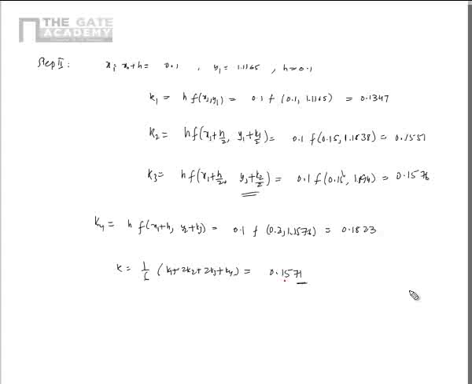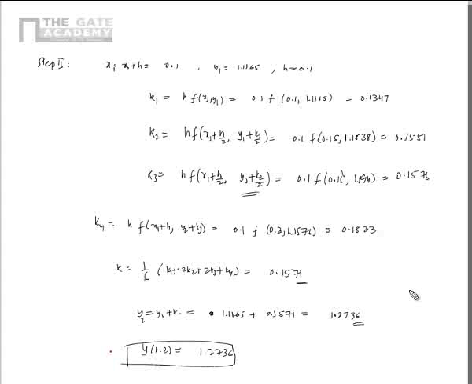Okay, so y is y1 plus k, which is 1.1165 plus 0.1571. So this value comes out to be 1.2736 at 0.2. So at 0.2 the value is 1.2736. So this is the approximated value.